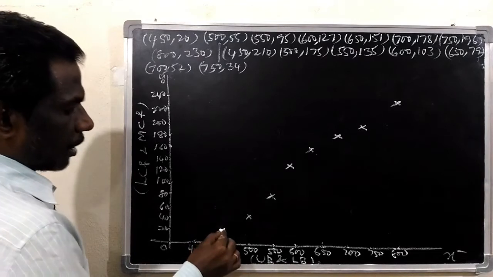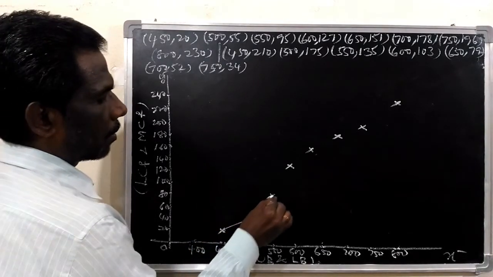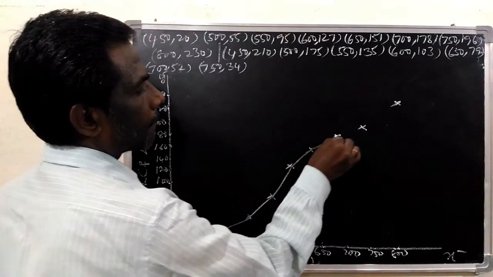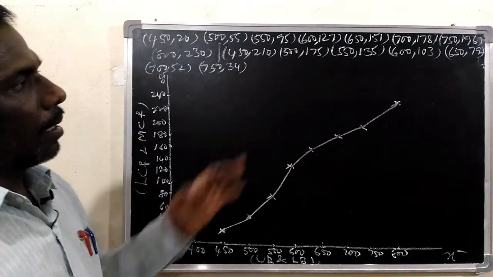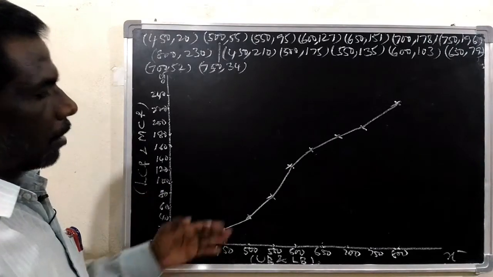Now we join these points. Yes, so this is the less than cumulative frequency curve.